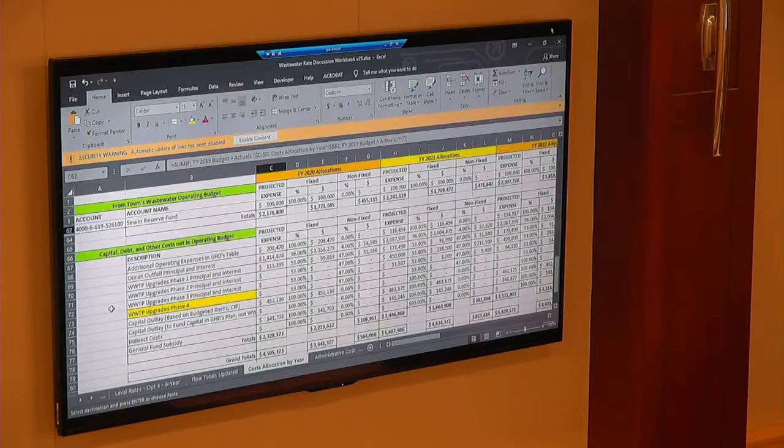Yeah, you did. Are you comfortable with what the breakouts are there? I mean, we're based on what the engineers say. We don't know better.